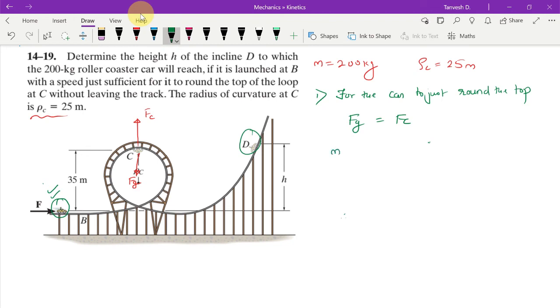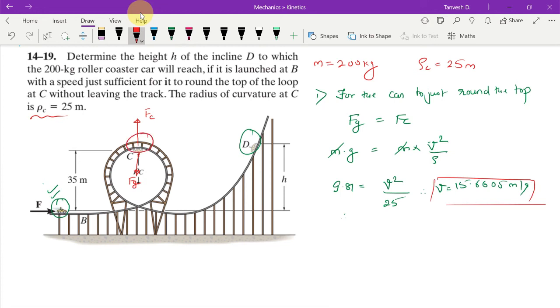Gravitational force is nothing but m into g, and this is equal to m into the acceleration, and here we will be using the centripetal acceleration, because centrifugal force is equal to centripetal force, just opposite in direction. So it is v square by rho. This is the centripetal acceleration. M gets cancelled, so 9.81 is equal to v square by 25. Therefore v is equal to 15.6605 meters per second.